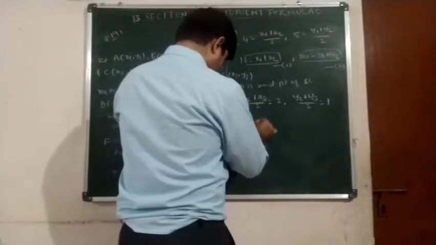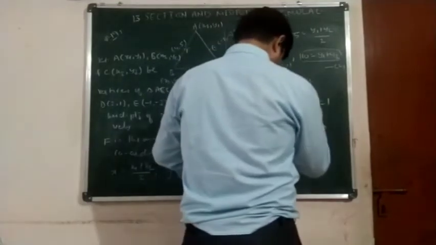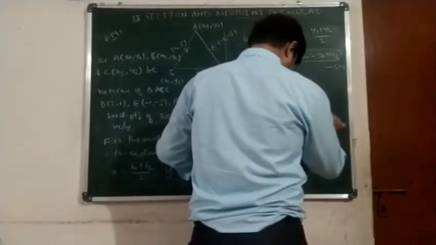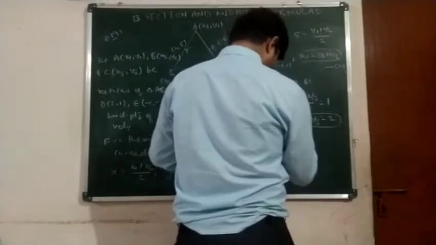Therefore x2 plus x3 is equal to 4 and y2 plus y3 is equal to 2. Let us number them, equations 3 and 4.